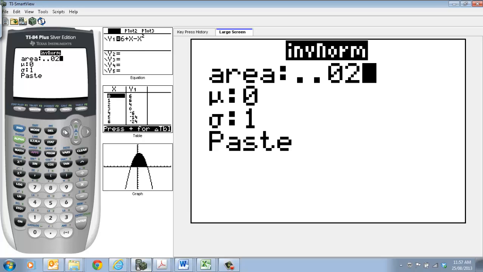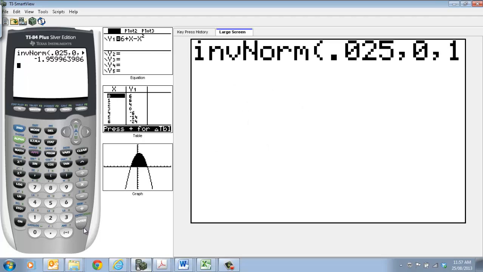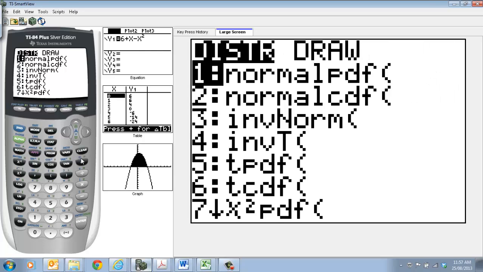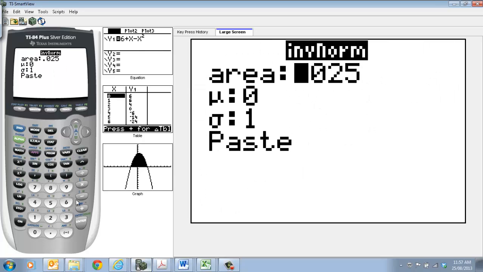0.025. Then remember our standard setup is our mean is at 0 and our standard deviation is 1. So if I go into do that, I get a value of minus 1.96 roughly. And if I do the same thing again now for the upper end, so number 3, then that would be 0.975, wouldn't it?